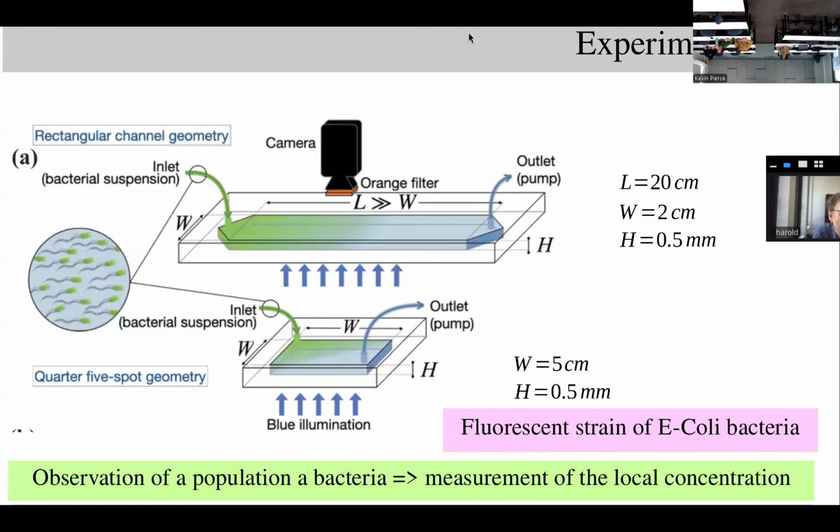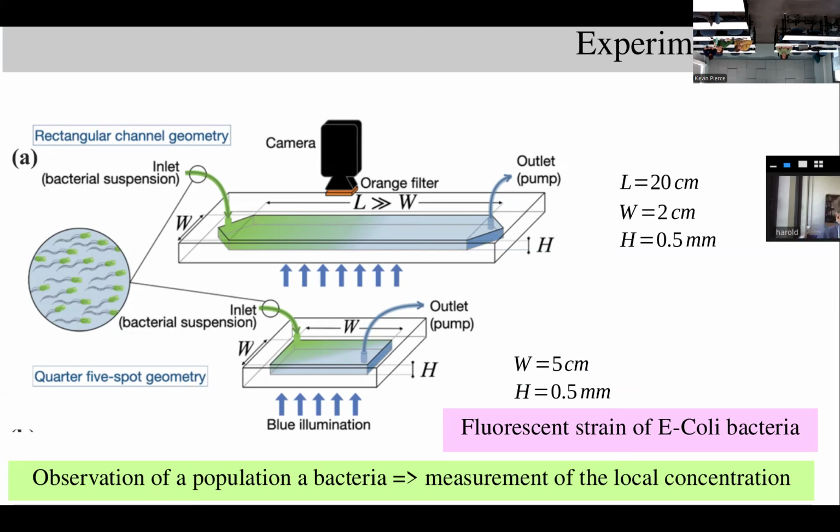Yes. So we developed an experimental setup. It's more or less a Hele-Shaw cell. So you see it's something 20 centimeters long, and the gap of the Hele-Shaw cell is 0.5 millimeter.